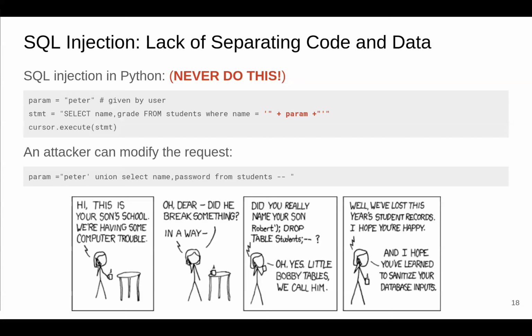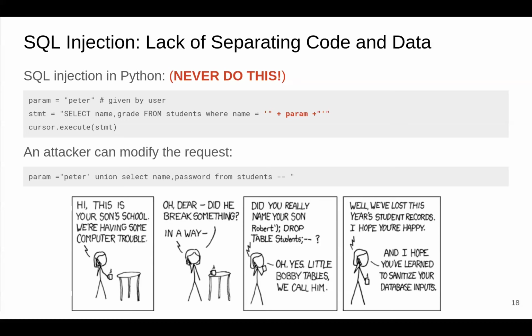SQL injection pretty much means a lack of separating code and data. What does this mean? We're communicating with the server, and we have one channel that is used for both commands and for sending data.